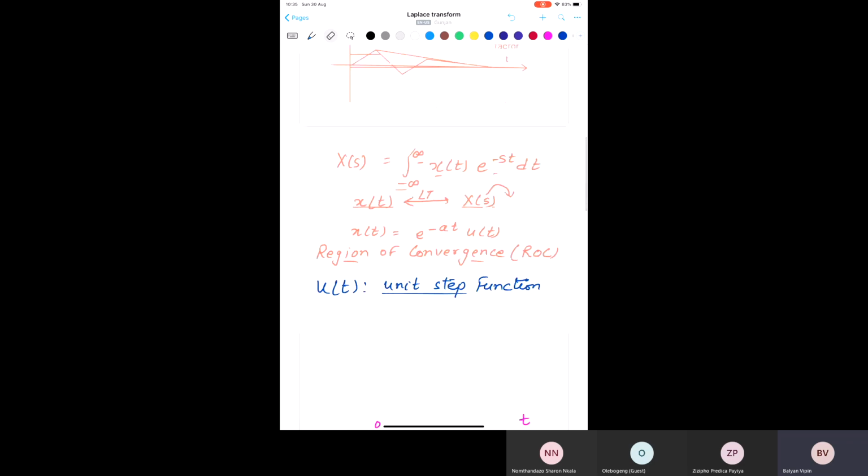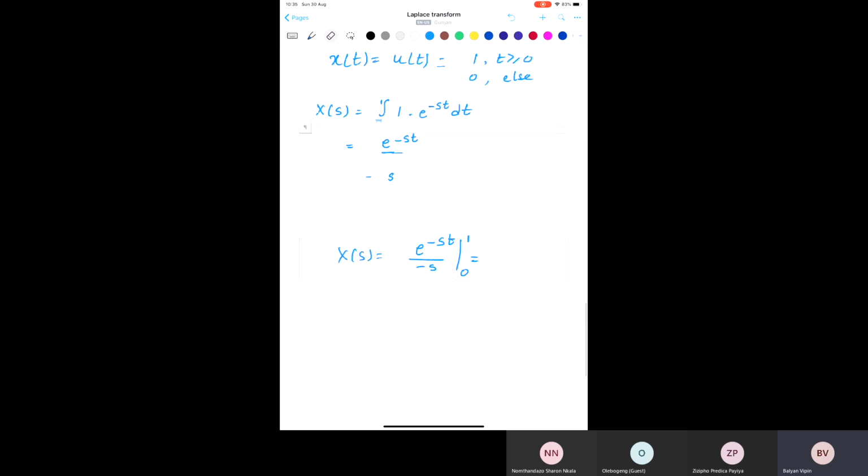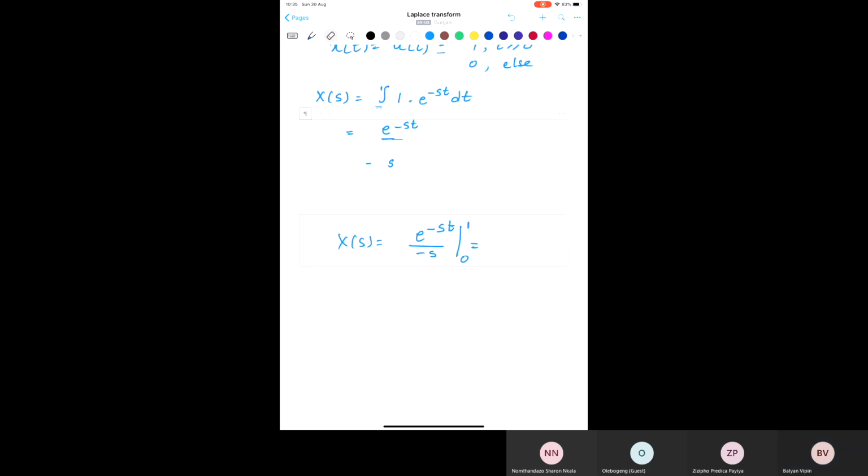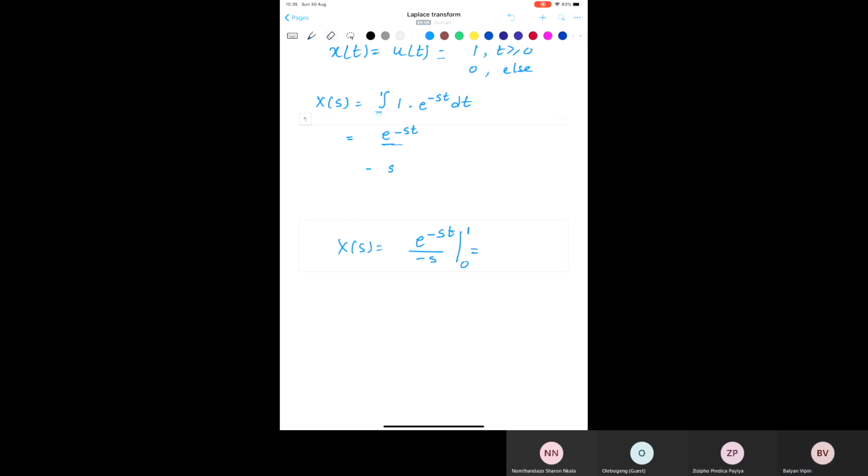So X of s will be equal to e raised to the power minus st over minus s, from 0 to 1. So when you put the limits of integration, it will be... I think I'm using the wrong thing here. u of t is defined here only, and I'm using x of t equal to, so this is the Laplace transform of u of t only.